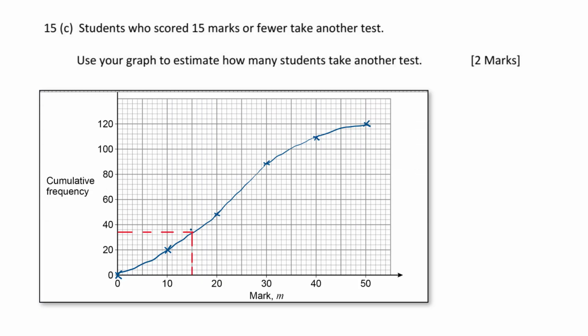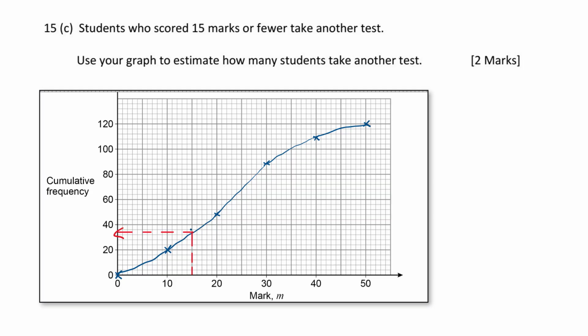What's that then? So that there is the number of people who got 15 or fewer marks. Oops, come back. So we said each one of these little squares is worth 4, so I make that 20, 24, 28, 32, halfway between 32 and 36.